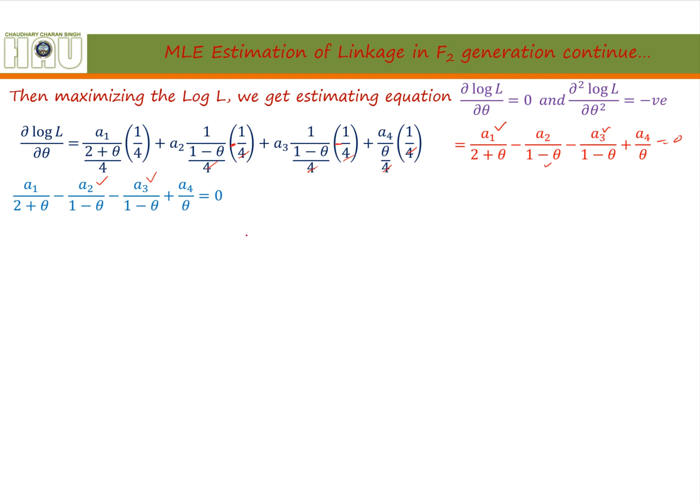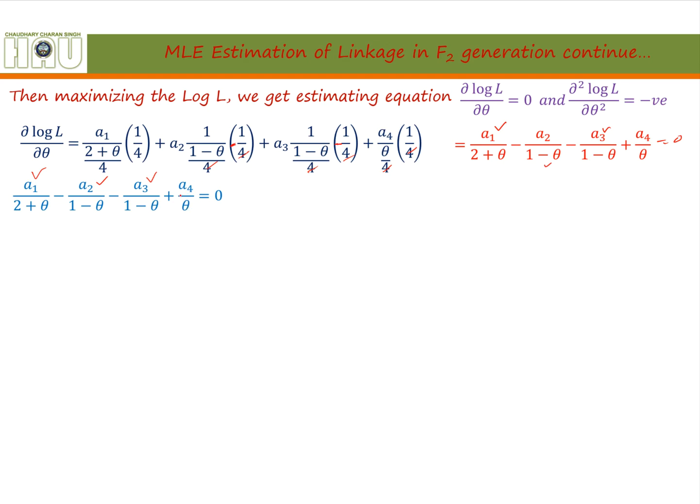This will give me an equation. When I take the LCM of this, I'll get 2 plus theta into 1 minus theta into theta. So a1 is multiplied with theta into 1 minus theta. Similarly, a2 is multiplied with 2 plus theta into theta. a3 is also multiplied with 2 plus theta into theta.